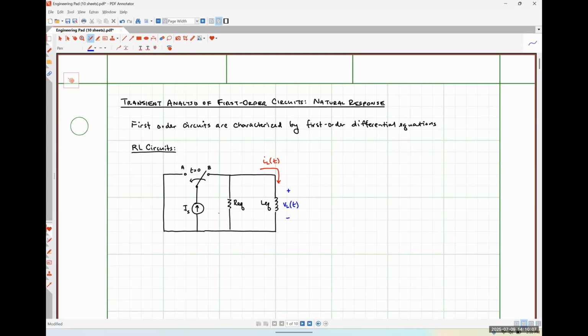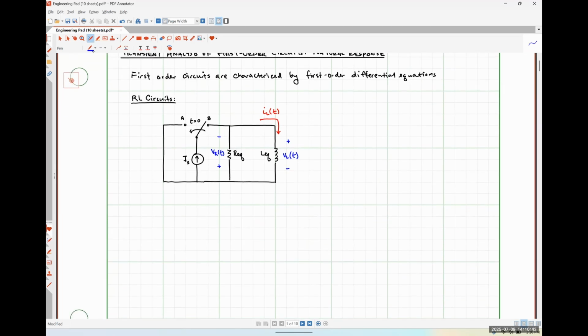And I'm also going to define a voltage drop across my resistor, like so, VR as a function of time, where I've chosen to put the positive polarity terminal on bottom so that that current IL of t winds up flowing through the positive polarity terminal of that resistor during the transient condition. Okay. So this is our generic circuit of interest, and we are going to look at it at a few different points in time.